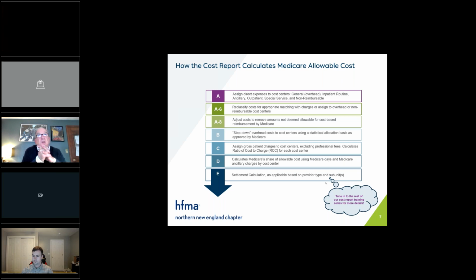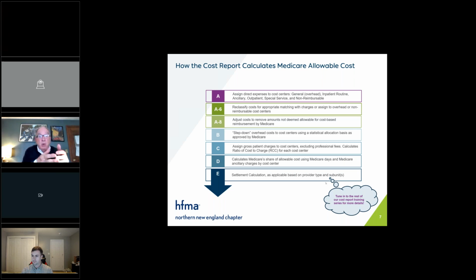costs that Medicare does not deem reimbursable. And you're also going to offset some of your costs where you generate income. And a really good example is dietary. Dietary costs, before you're reimbursed, they're reduced by dietary income, which is the cafeteria income.